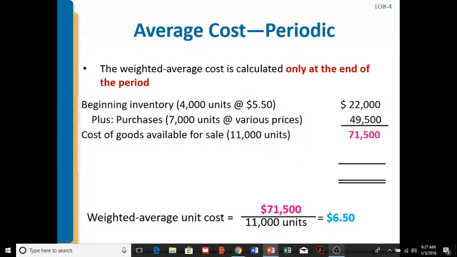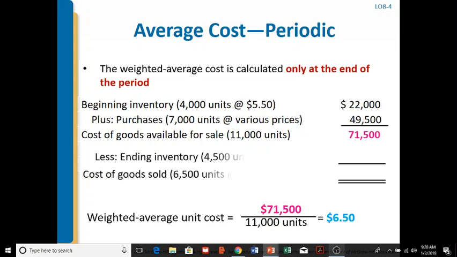So you simply take the number of items you have sold, the 6,500, and multiply that by 6.50, and then the number of items in ending inventory, the 4,500, you multiply that times 6.50, and you get your cost of goods sold and your ending inventory.